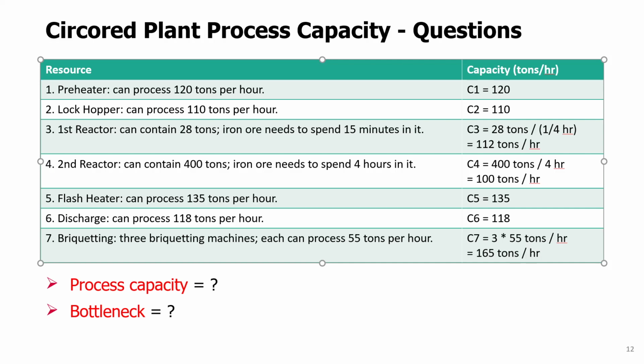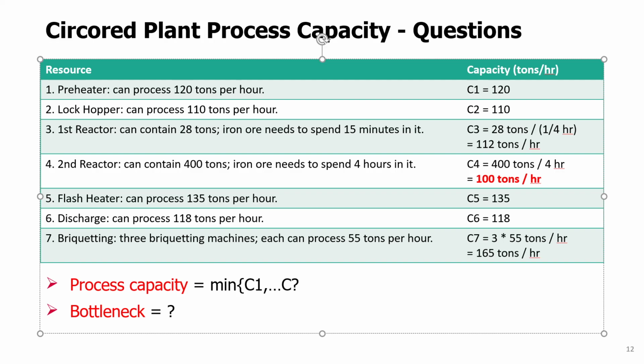And I hope you see there are some differences. The capacities can be as high as 165 tons per hour, 135 here. These are quite high. The lowest of them is this one, 100 tons per hour, is the smallest that we get. Let me highlight this. So if you try to find process capacity, recall this is the minimum of C1 to C7 in this case.